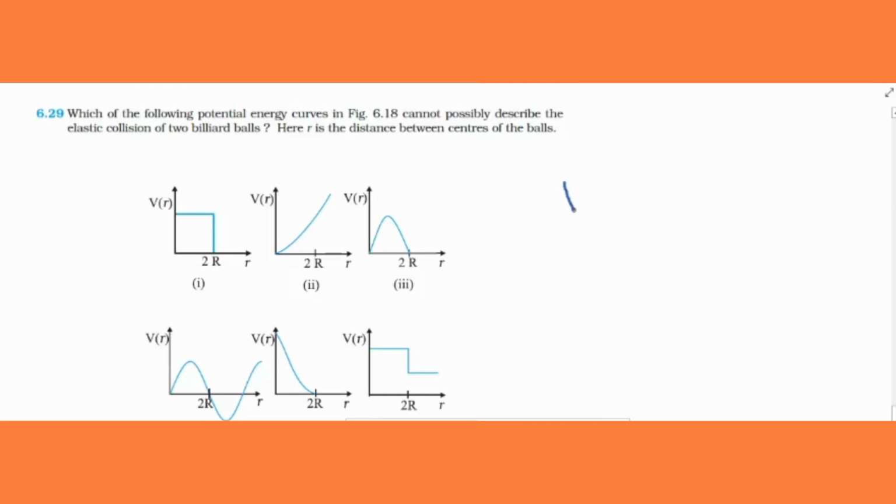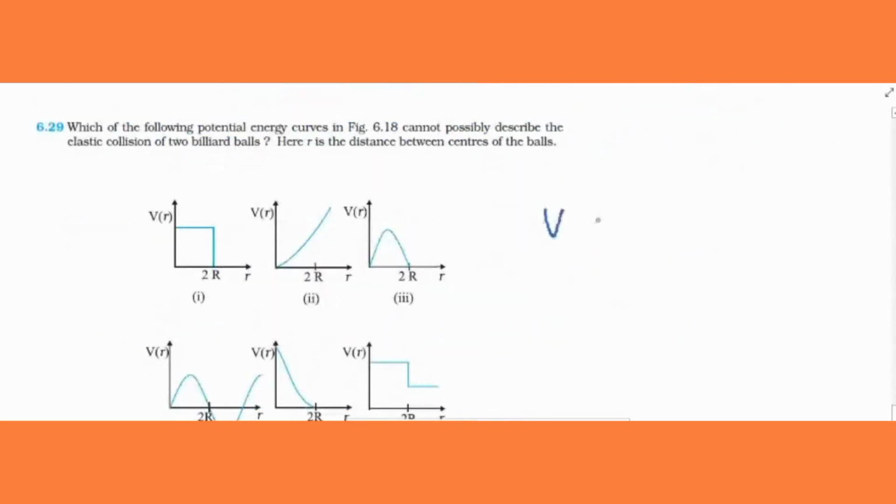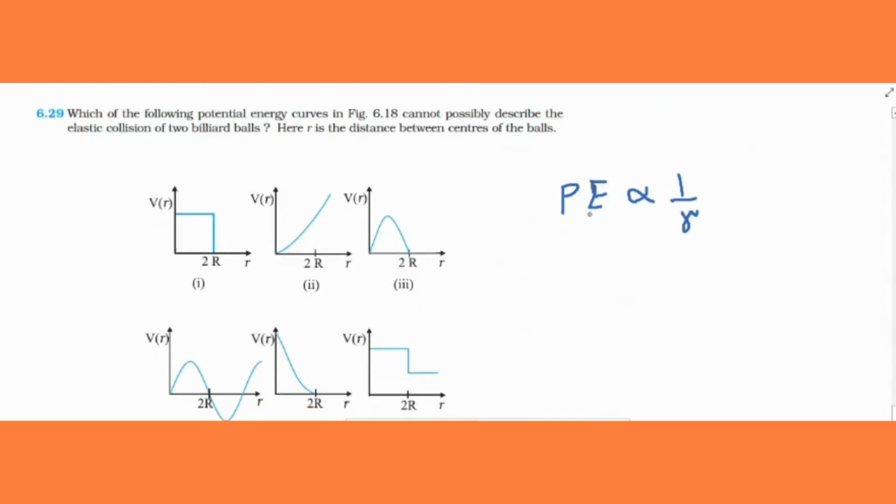So the potential energy distance relation is actually an inverse relation. Potential energy P is proportional to 1 by R.